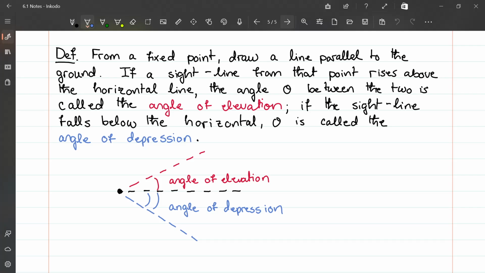If, on the other hand, my line of sight drops below that horizontal dashed line, then the blue angle that you see beneath it, between the horizontal and my line of sight, is called the angle of depression. These are really good terms for use when we need to figure out angles relative to positions, and we're going to use them in the following problem.